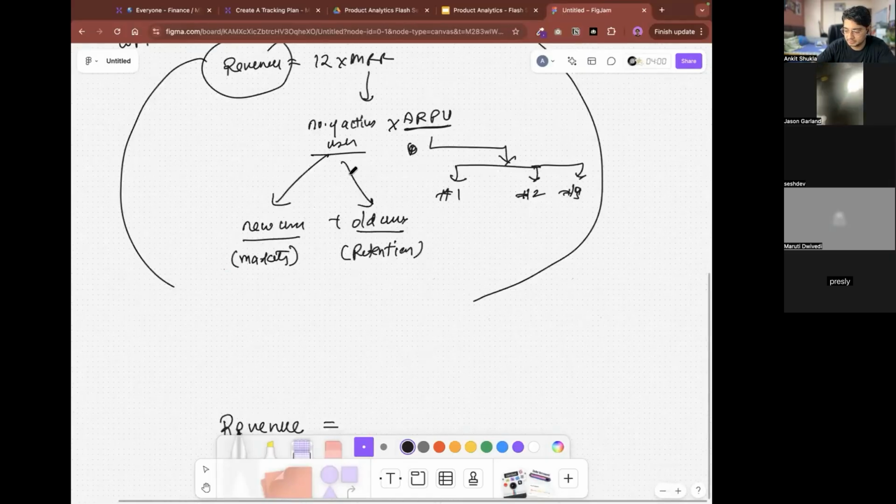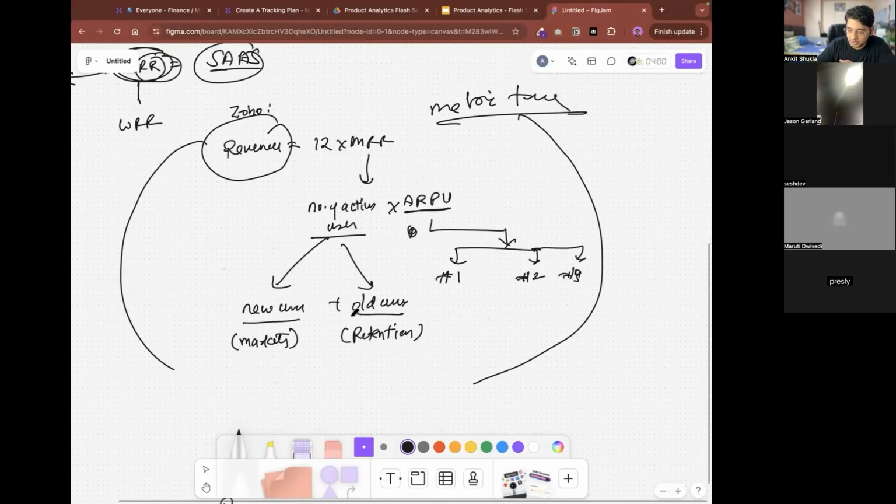So guys, here the old users are people who are still active. If I remove this "active", then it will become total old users minus churn rate.